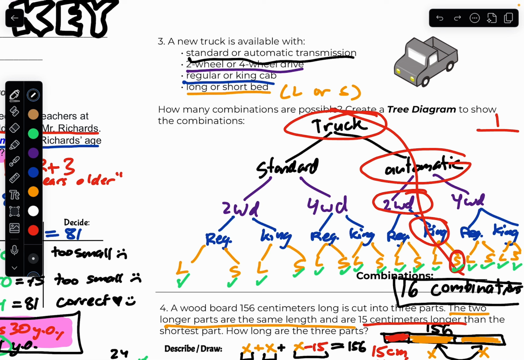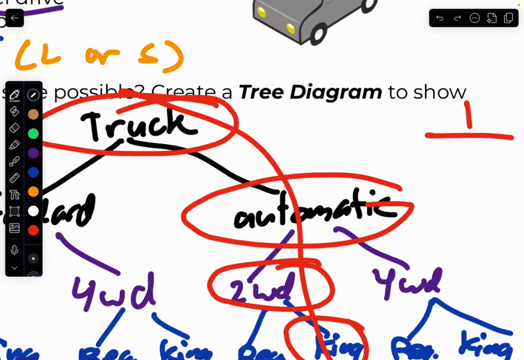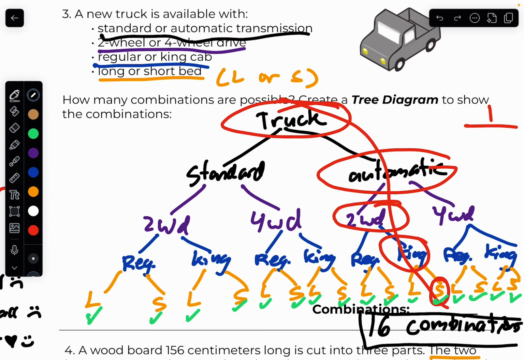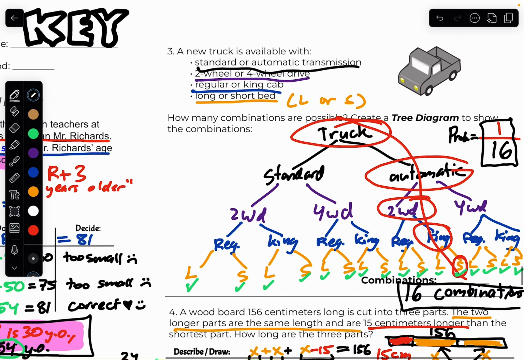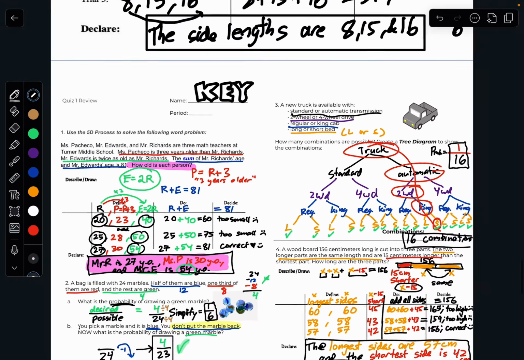What's the chance of him choosing that? Well, there's only one desirable outcome out of how many different combinations? 16. So if there is a question about probability, all of those would have an equal chance of 1 out of 16.